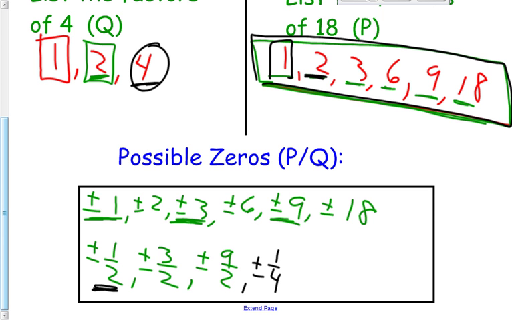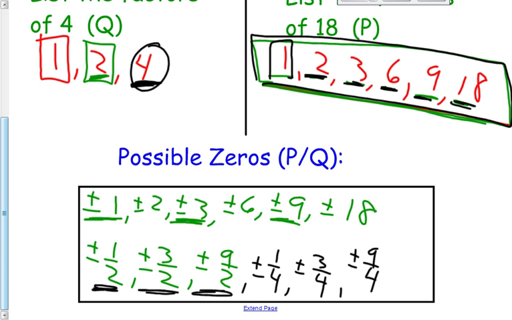We already have 1/2, so we don't have to write it down again. 3 divided by 4 is plus and minus 3/4. 6 divided by 4, 6/4 is 3 halves. We already have 3 halves right here. No need to write it again. 9 divided by 4 is plus and minus 9/4. And then our last one is 18/4. And 18/4 is the same thing as 9 halves, and 9 halves is already written right here.